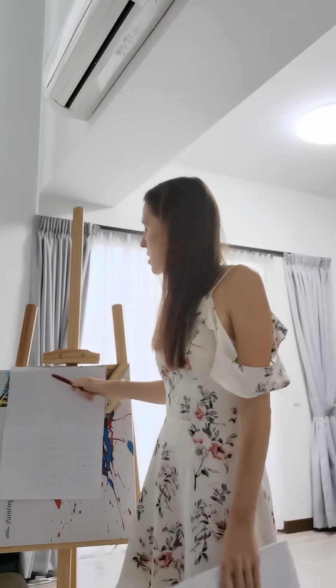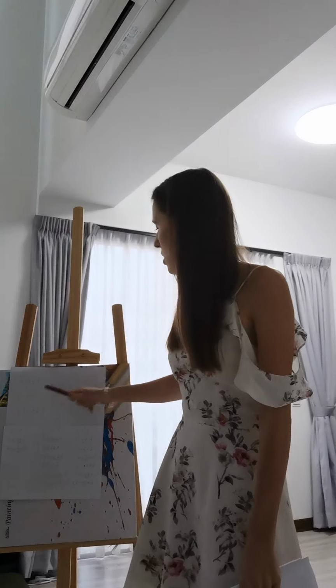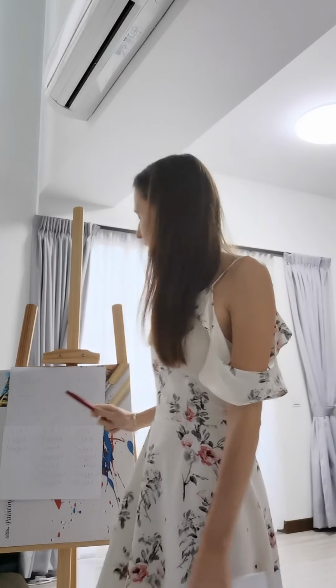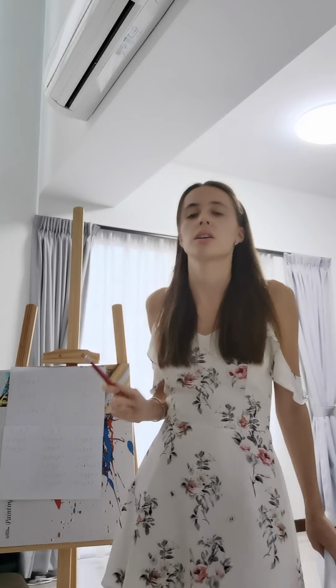So here we have three different ways to pronounce the endings of these verbs. I would like you to match the verbs with their endings. Okay? Let's start with the first one. So how do we pronounce it? Looked, looked.